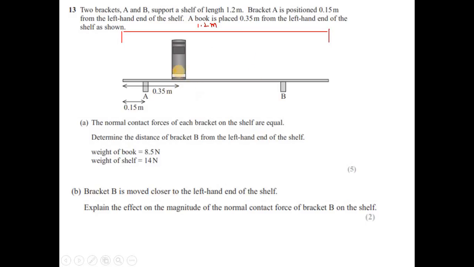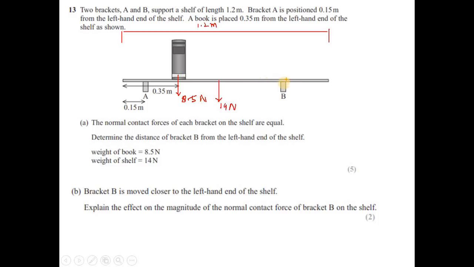So you have a weight of the shelf, which will be acting at the center of the shelf. So this is 14 Newton, and you have the weight of the book acting down, and the weight is 8.5 Newton given.